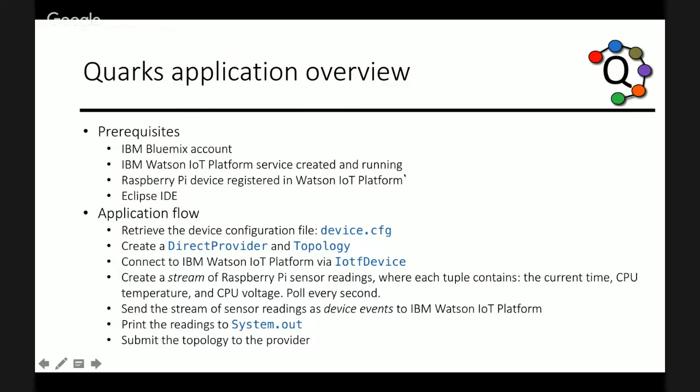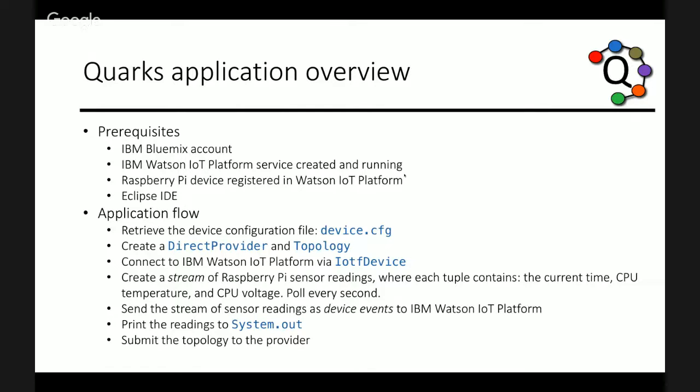So the application we will be writing is fairly simple. You'll take a device configuration file as an argument and use it to connect to the Watson IoT platform service. It then creates a stream of sensor readings, which essentially uses the Pi4J Java library to retrieve the Pi CPU information. So this application does not require any external sensors, which makes it easier to get started with Quarks.